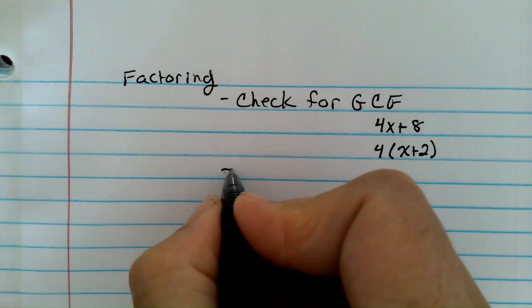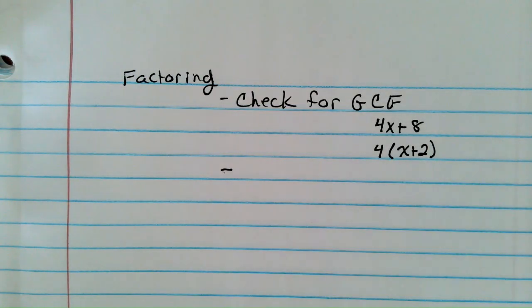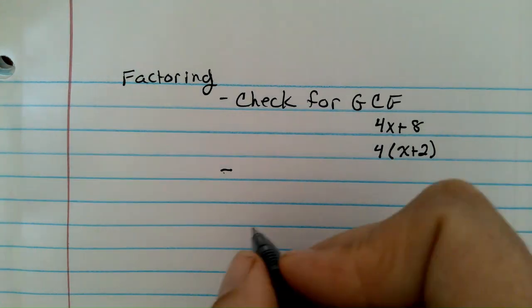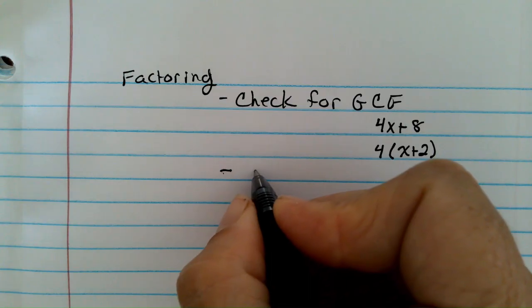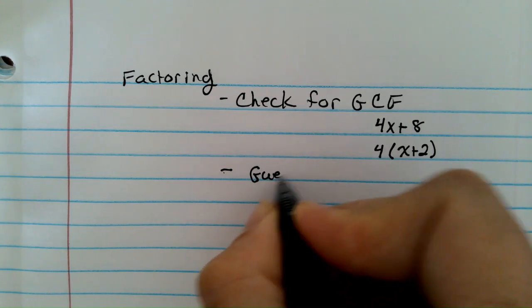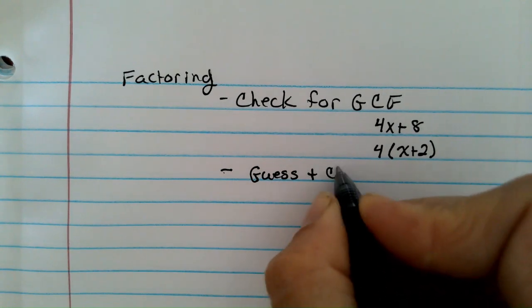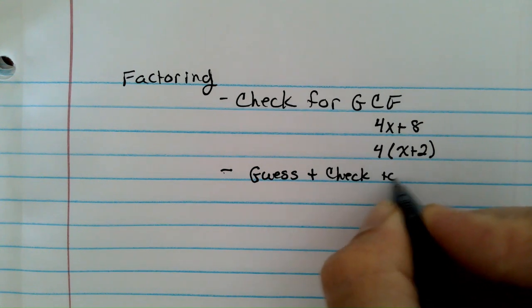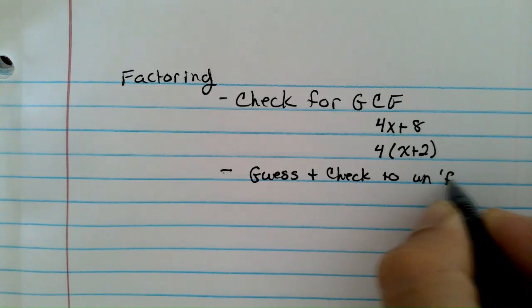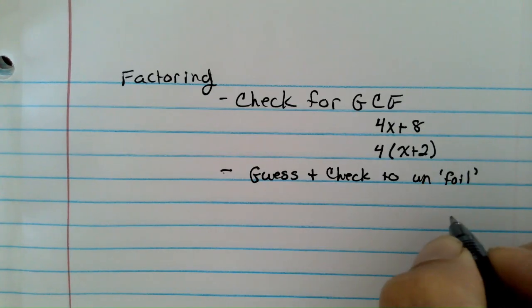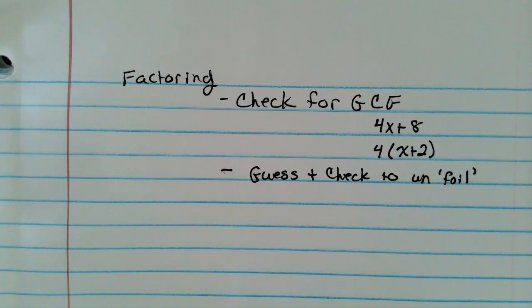Okay? Then after you check for GCF, you can use guess and check to unfoil it. There's also AC methods. There's several methods. And I have some videos in my Algebra 2 playlist that is extensive for all the methods to factoring.